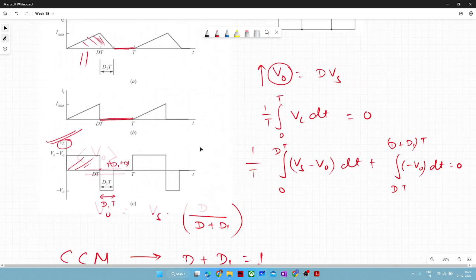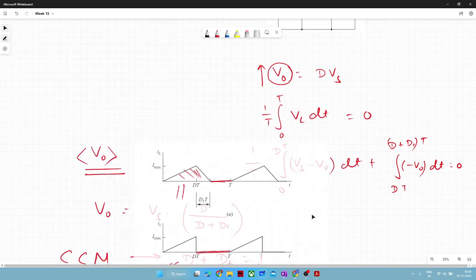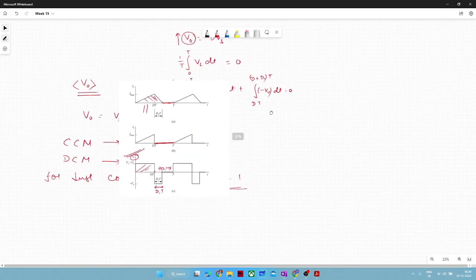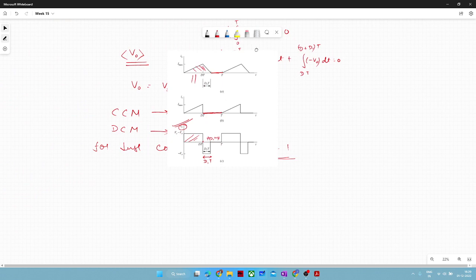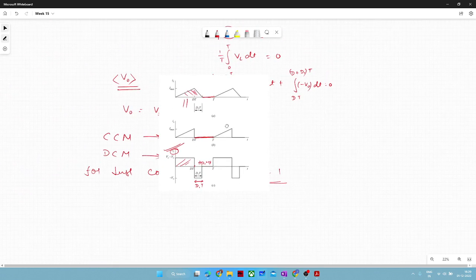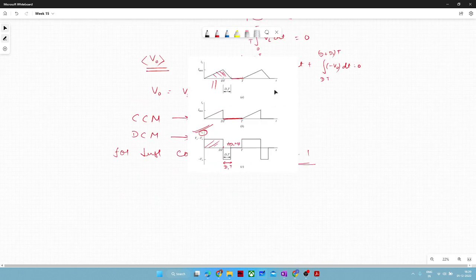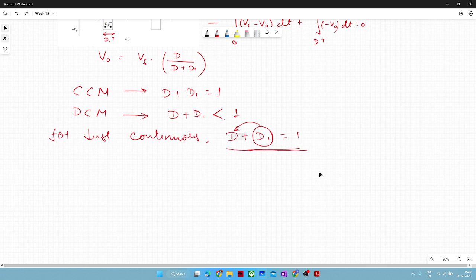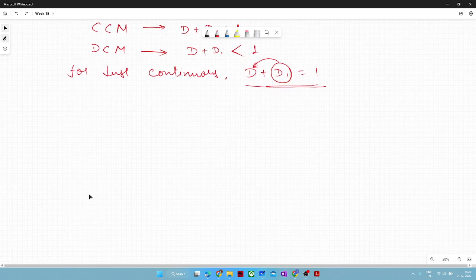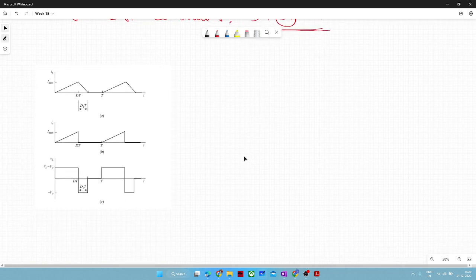I would like to drag this graph of inductor current in front, and now we will write the expression of inductor current. So we want to find out the area.